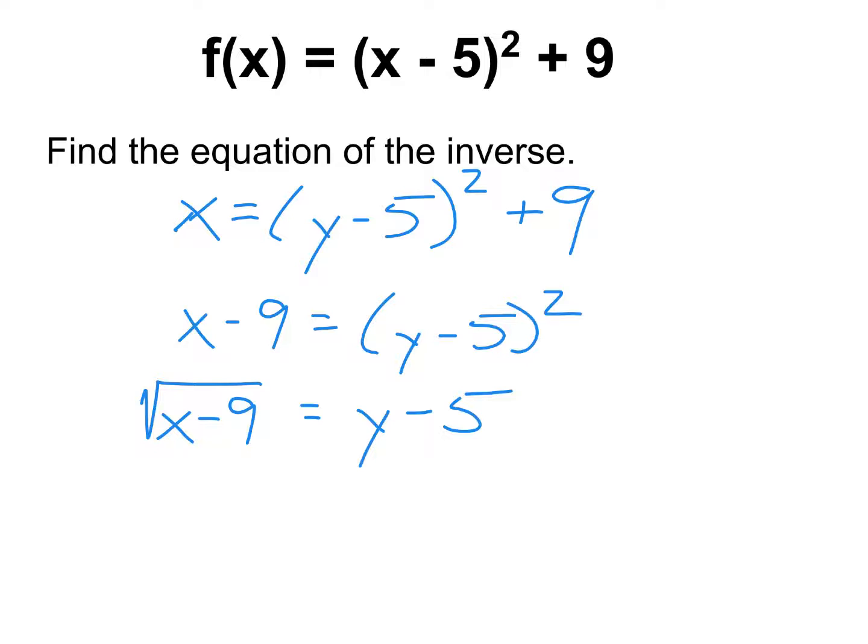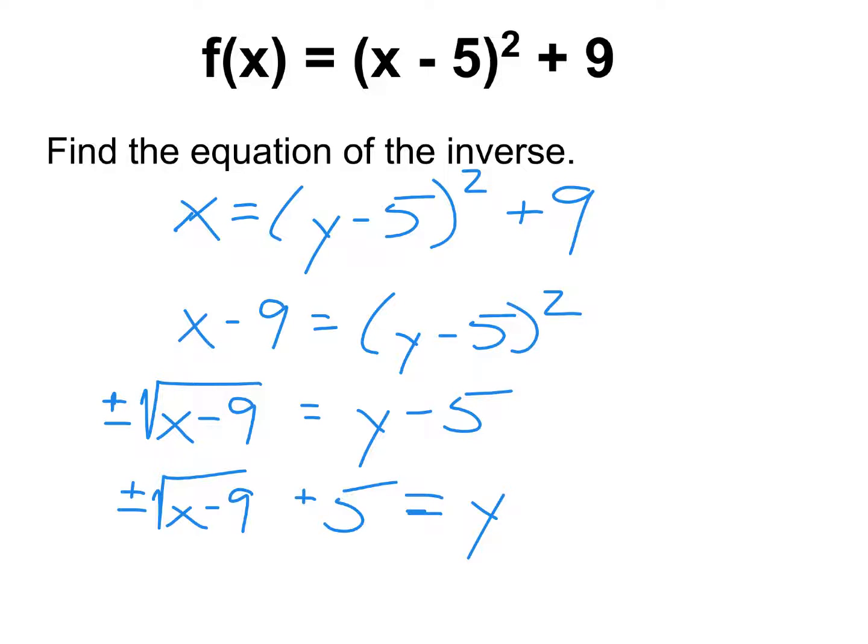When we do that, we need to remember to include plus or minus. So make sure you include that plus or minus in front of the square root. And then we just have one last step to get the y by itself. I'm going to add that 5 to both sides. If you choose to write it as 5 plus or minus the square root, that's perfectly fine. I chose to write it as plus or minus square root plus 5.